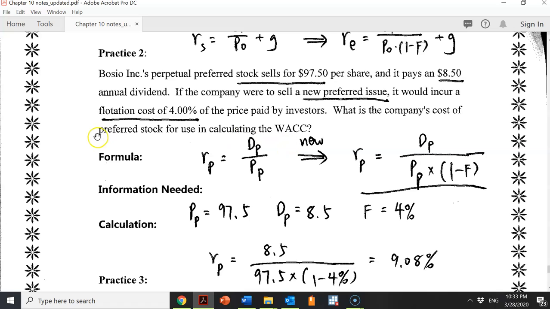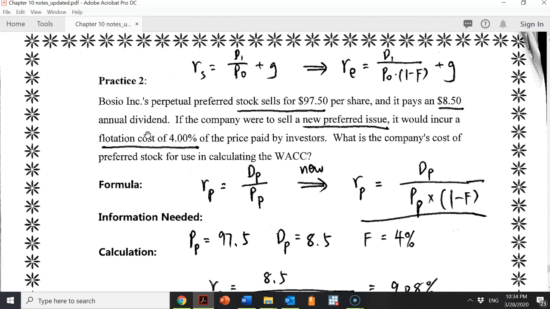So here we want to know the cost of preferred stock, but it's a new preferred stock. Remember, when we were calculating the cost of a new issue of common equity, we added 1 minus F to P0 from the original constant growth model. So here, RP is DP, the dividend of preferred stock, divided by PP, the price of preferred stock.